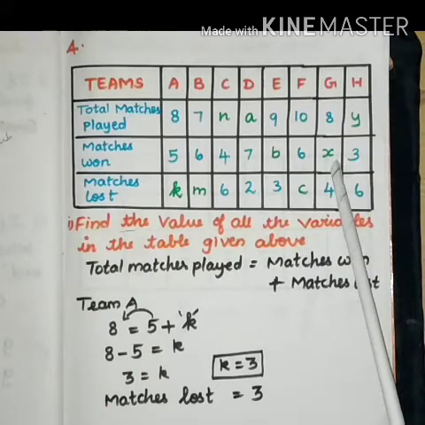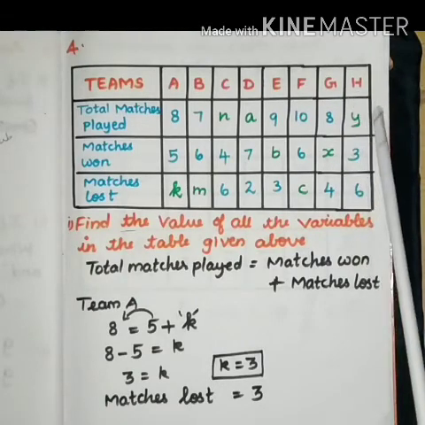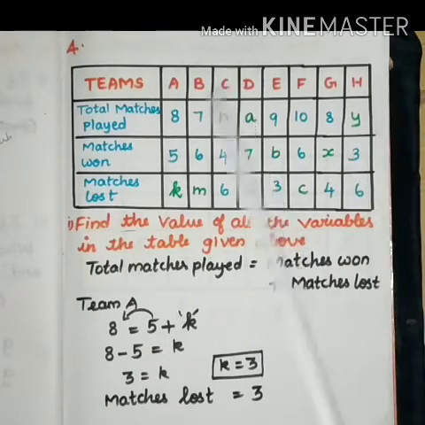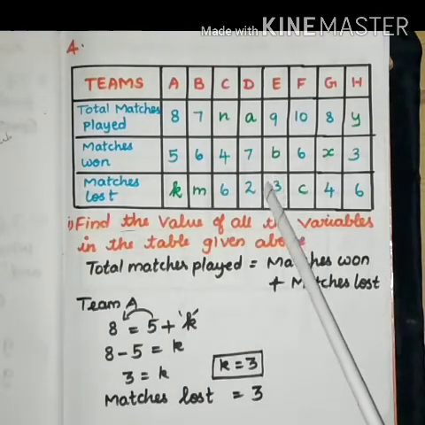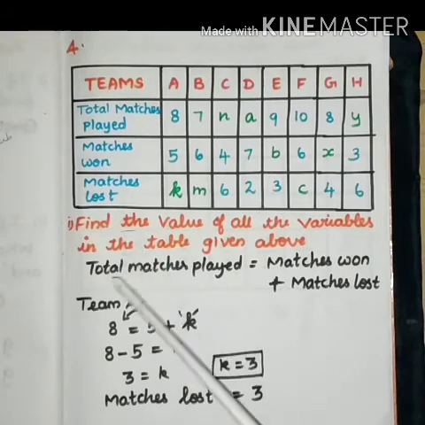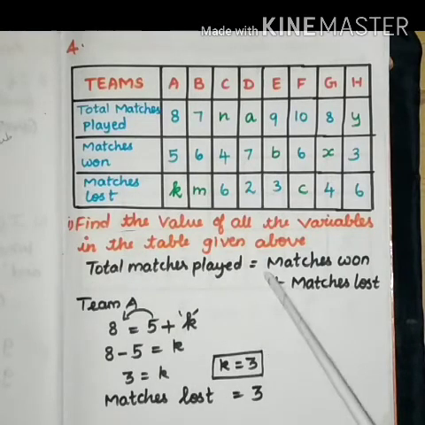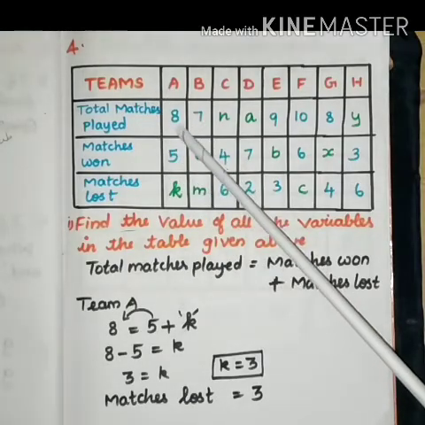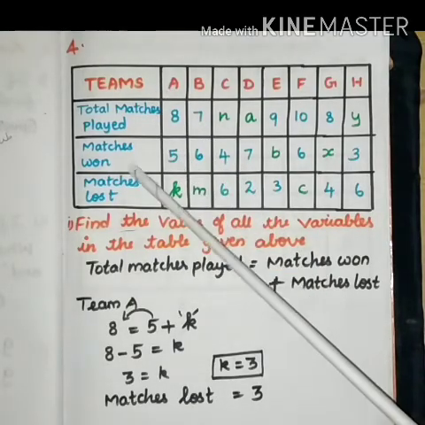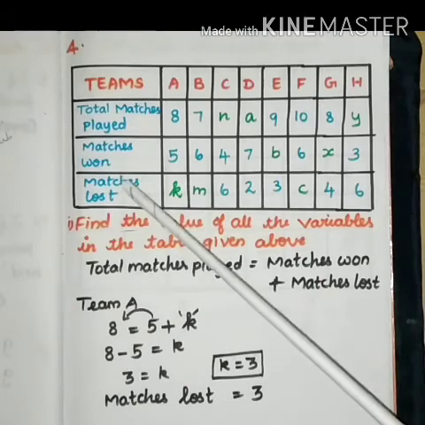Matches won is not given in G team. Total matches played is not given in H team. So you have to find all the variables in the table. First, we know that total matches played equals matches won plus matches lost. To find the total value, you have to add matches won plus matches lost.